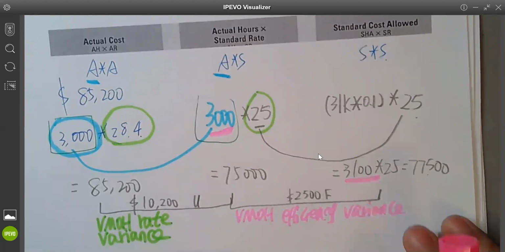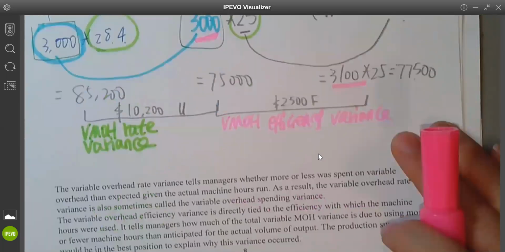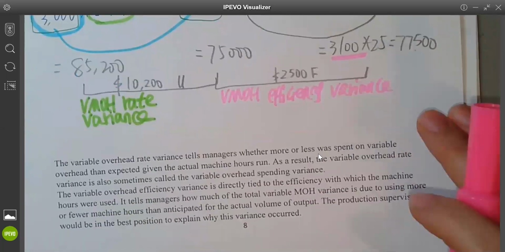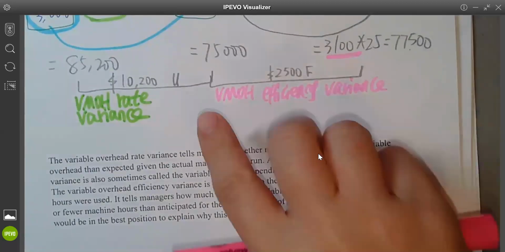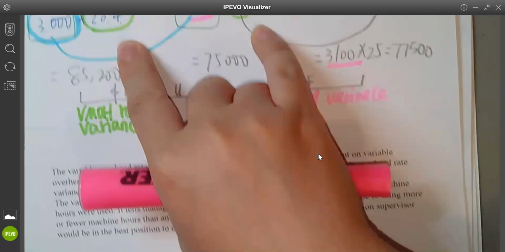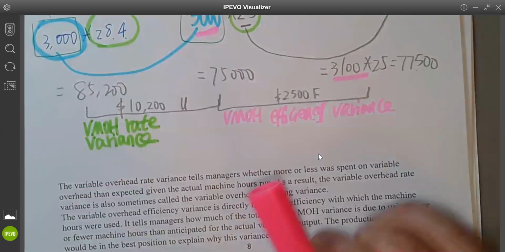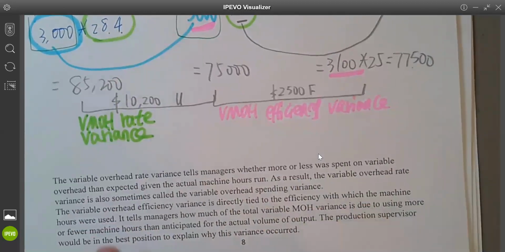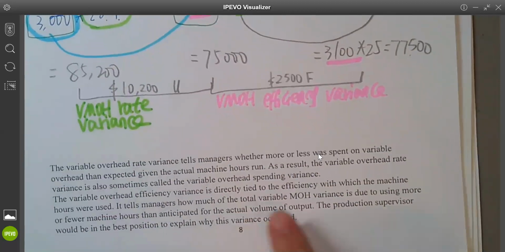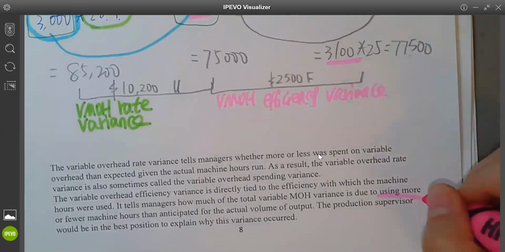Okay, so let's look at the interpretation. The general idea is very similar. So we said the rate basically just tells us the actual allocation rate and the standard budget rate. And then the efficiency is tied to the machine hours used. It tells the manager how much of the total variable manufacturing overhead is due to using more or fewer machine hours, right?